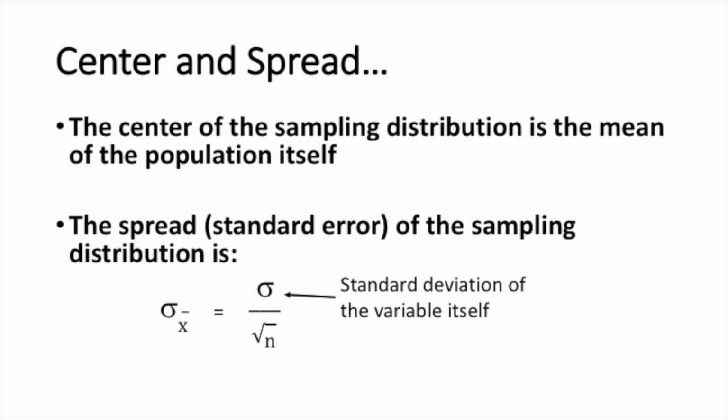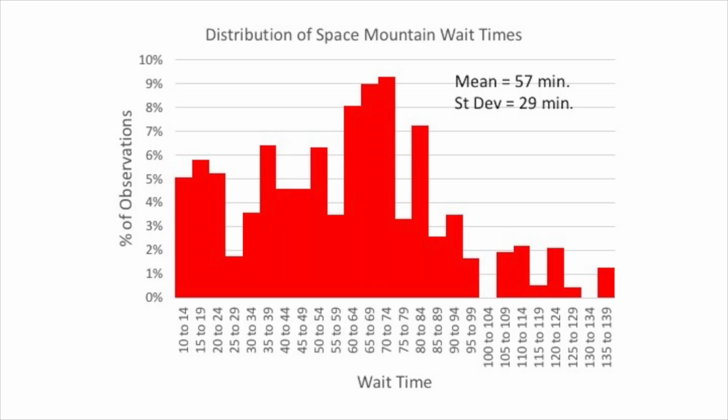The subscript x bar reminds us that this is the standard error of a sampling distribution, and that is equal to sigma divided by the square root of n, where sigma represents the standard deviation of the variable itself, and the square root of n is simply the square root of the sample size. So in this example that we looked at a second ago, the sample size was 35, so that'd be the square root of 35.